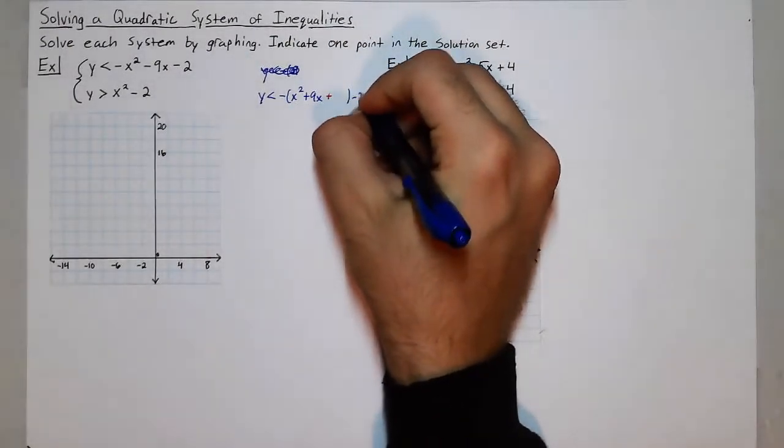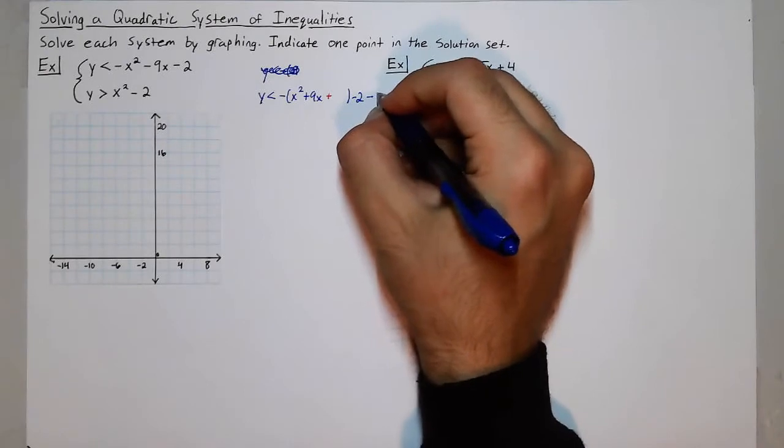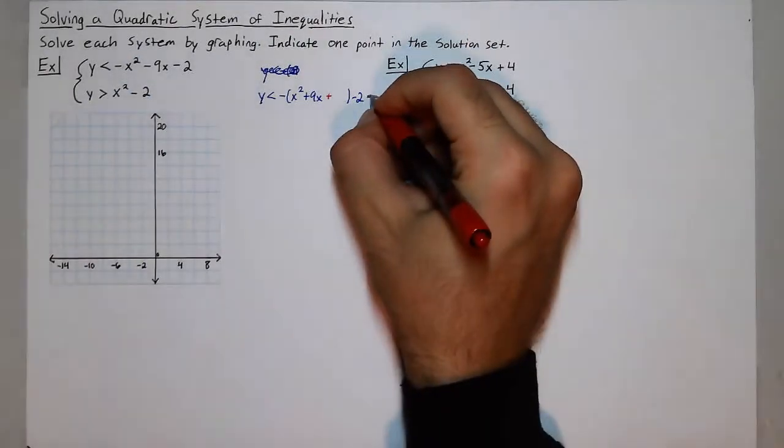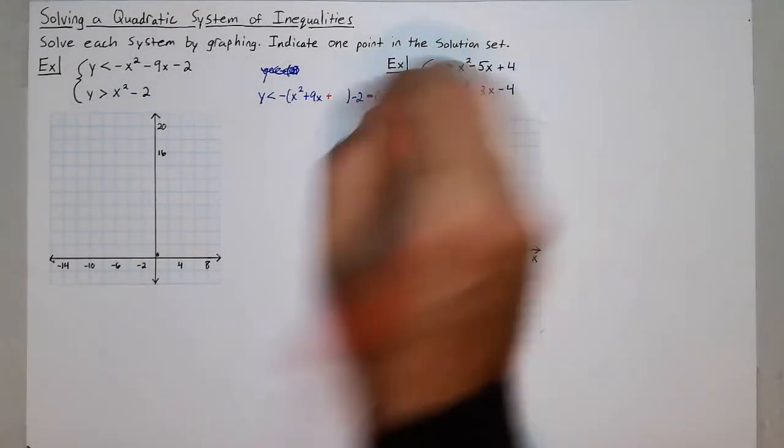And then minus 2 minus that number I find times negative 1, since that's what I factored out.